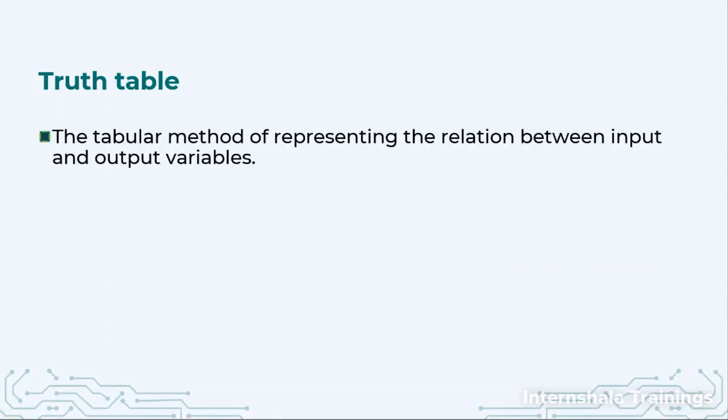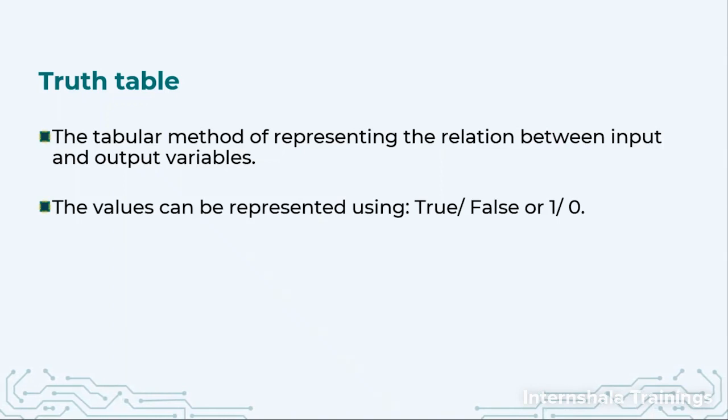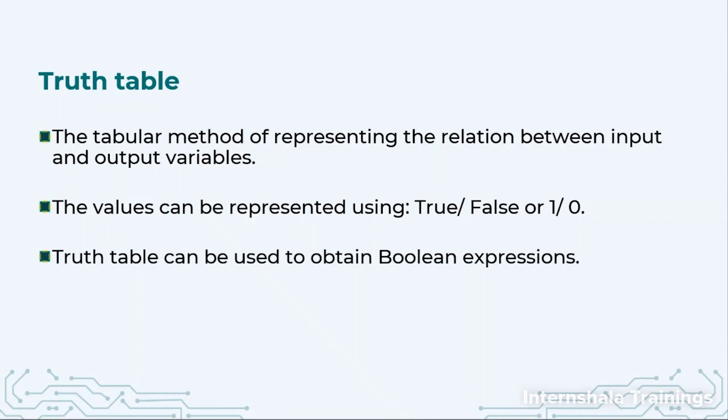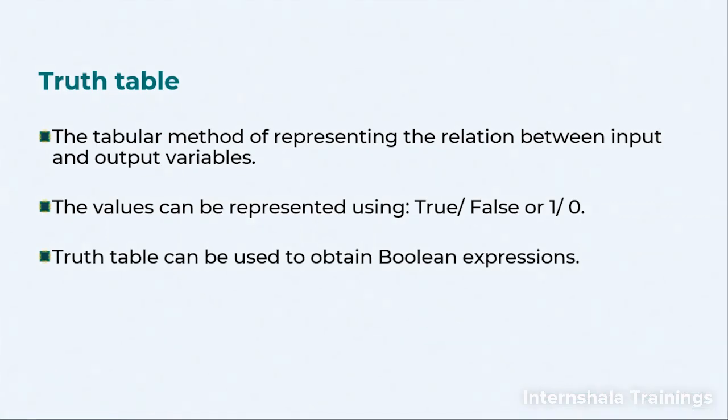The second type which we have is the truth table. This method can also describe the Boolean function of a combinational circuit. So here we use a tabular method for representing the same sort of relation. The values will be represented as true, false or 1, 0, and truth table can be used to obtain further Boolean expressions.